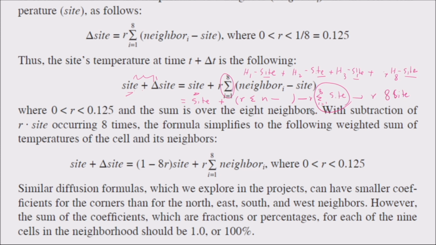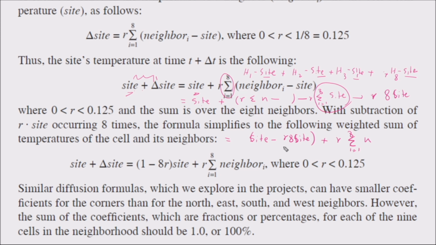So that is 8 of them, right? And I have one site here and the 8 of them here with the r value. So because of that, I can write another line, which is site minus 8r site, right? Okay, that is this one and this one, and the other term itself is r, i equal 1 to 8 neighbor, right?